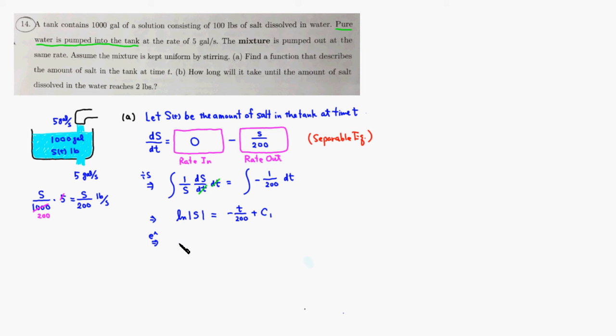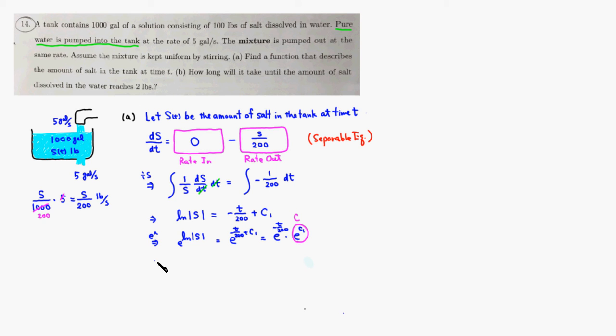We get e to the natural log of the absolute value of s is equal to e to the negative t over 200 plus c1, which can be rewritten as e to the negative t over 200 times e to the c1. You can see that e to the c1 is still a constant, so I'm going to call it just c.